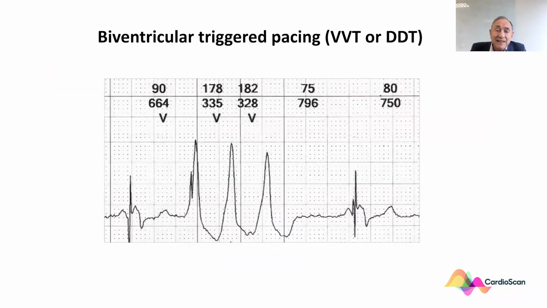Let's have a look, therefore, at another ECG, and you can see a ventricular triplet. To the left now, we have atrial sensing and ventricular pacing, and the ventricular pacing is biventricular. Now we move on to the triplet.